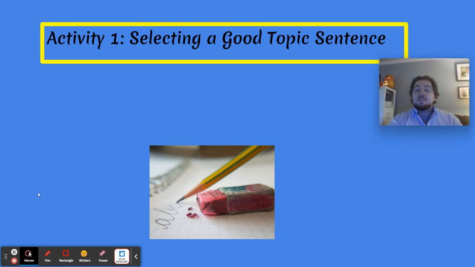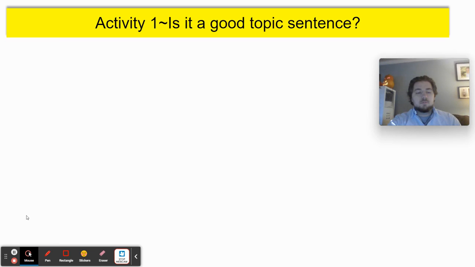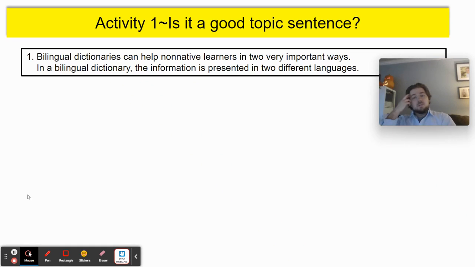Now we're going to do an activity, and that activity is practicing identifying a good topic sentence. So let's take a look. Let's look at the first example. Bilingual dictionaries can help non-native learners in two very important ways. In a bilingual dictionary, the information is presented in two different languages.